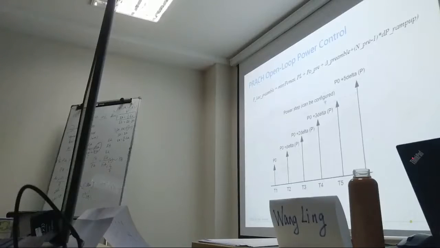For the uplink, we have different channels. We have the PRACH channel, PUCCH channel, PUSCH channel, and the SRS signaling. The sounding RS will always transmit, even if we don't have any service. So for all these channels we need to use power control.